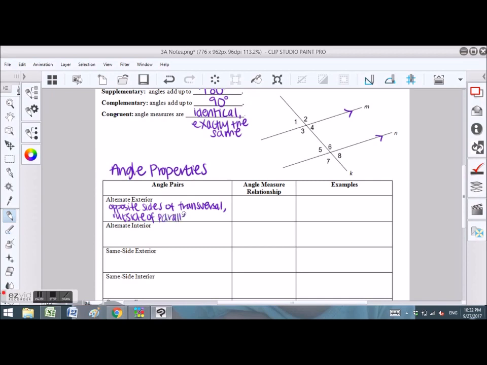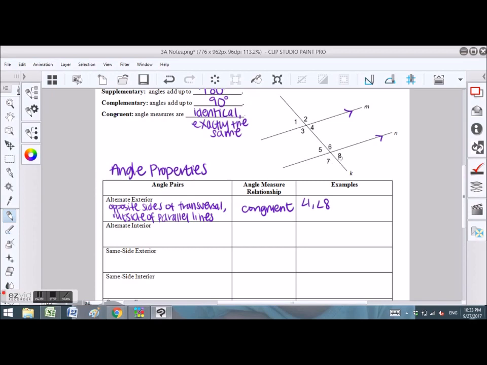So, for example, 1 and 8 would be alternate exterior angles because they are on the opposite sides and they are outside of the parallel lines. So, what do you notice about angle 1 and angle 8? Their angle measures are actually congruent. So whatever angle 1 is, angle 8 is also.